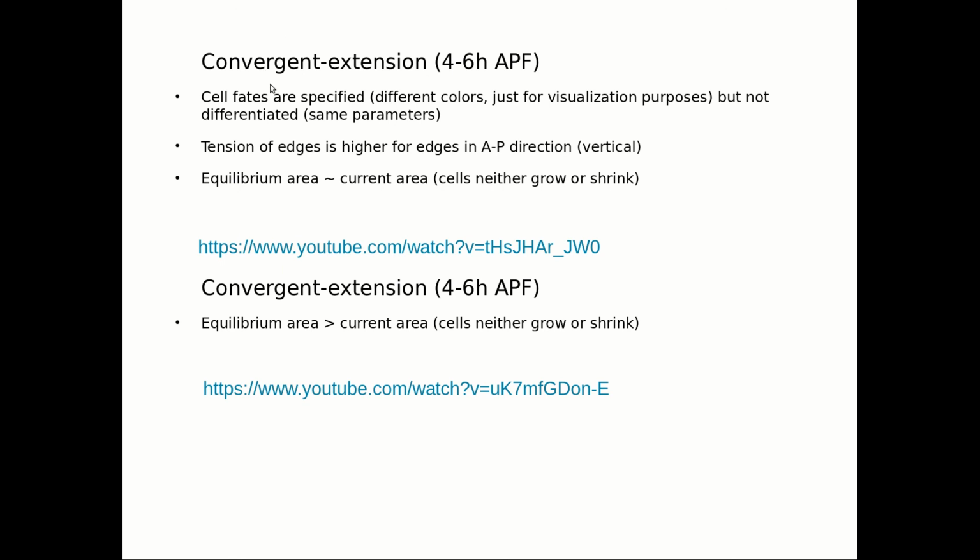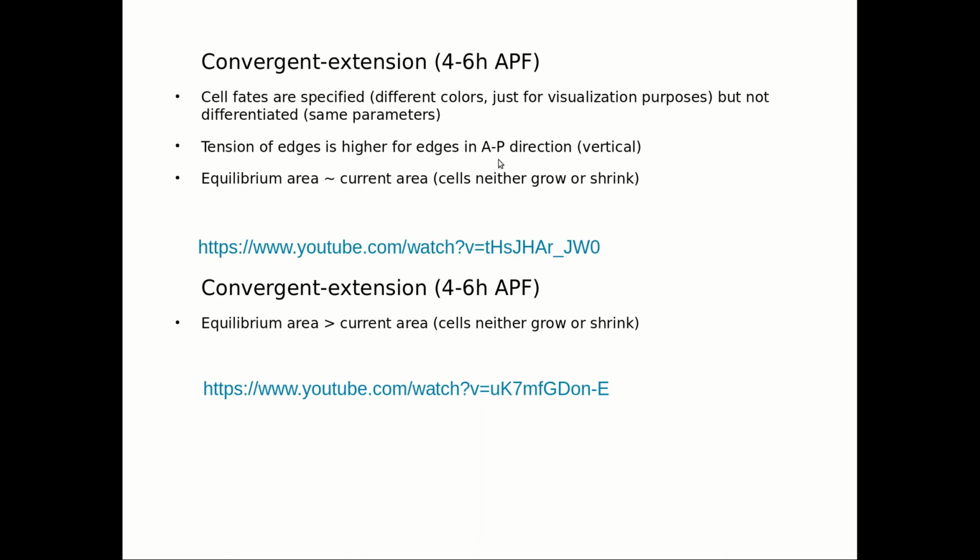Next, we can simulate the process of convergent extension, which takes place between 4 and 6 hours after pupariation. Here, cell fates are specified, so you will see different colors, but the mechanical properties are the same in all the cells because cells are not differentiated yet. So tension here is higher in the edges that go in the anterior-posterior direction, and as you can remember, in real wings, myosin II is planarly polarized, so its concentration is higher in these anterior-posterior edges.